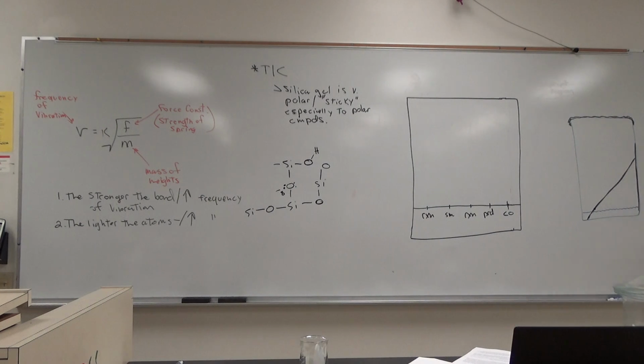If that line goes below the solution, it dissolves all your stuff off down into the pond here, and the TLC doesn't work. You want the TLC plate to be down in the eluent and getting wet from the eluent, but you don't want that line to be underwater, for lack of a better way to say it.